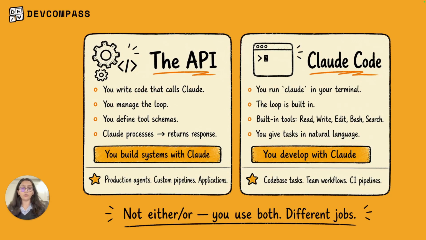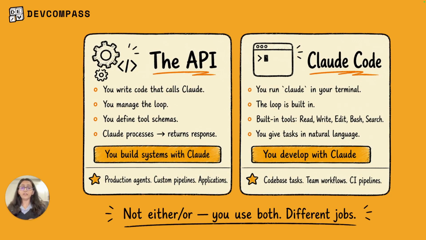Whereas with Claude Code, you open your terminal in a project directory and run Claude. Claude Code already has the loop. It already has a set of built-in tools: file reading, file writing, code editing, bash commands, search. You type a task in natural language and Claude works through it, calling those tools, reading your files, making changes, all of it. The loop is handled. The tools are pre-built. You're working with Claude on your code base, not writing code around Claude.